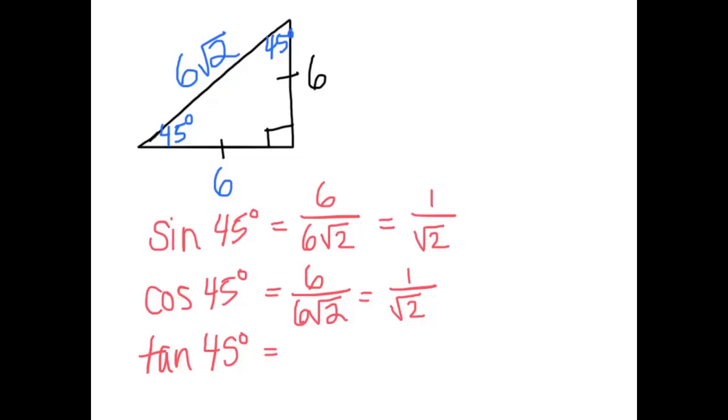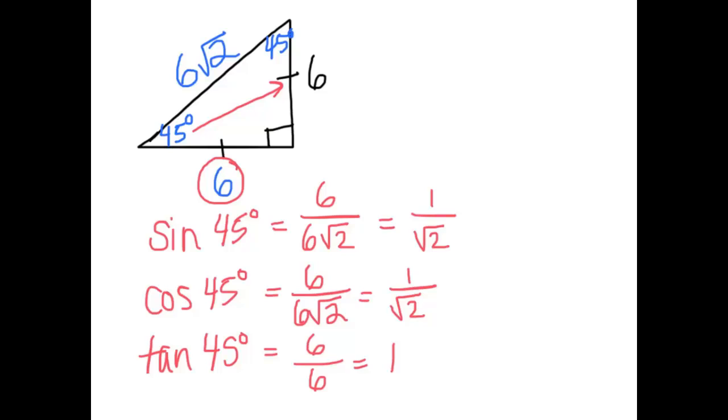Why is it the same as sine of 45 degrees? Well, in this case, the opposite side, which is 6, is the same as the adjacent side because it was an isosceles triangle. So here's an example of when sine and cosine have the same value when our angle's 45 degrees. Lastly, tangent of 45, opposite over adjacent, 6 over 6, which is just 1.